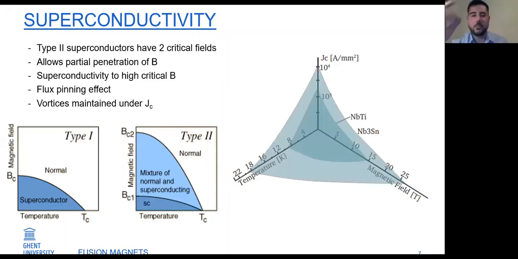Yeah, but already the manufacturing is very complex because as a type 2 superconductor, it needs to have some impurities that pin the vortices where the magnetic field is going to cross.